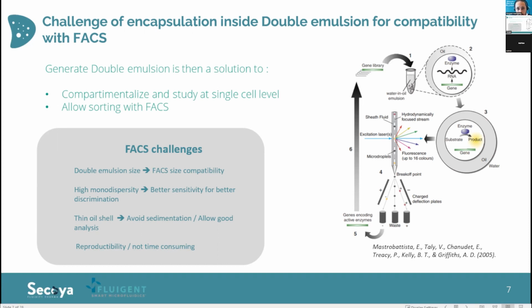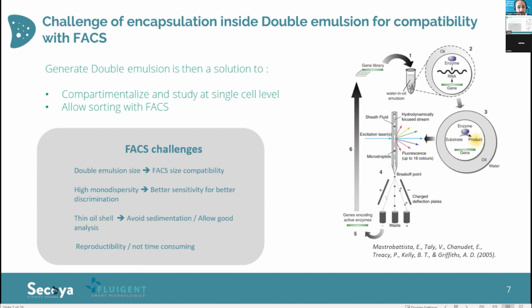And also, in the FACS you are passing through a nozzle. If the double emulsion is bigger than the FACS nozzle, you might destroy it and you will not have something stable, and you will not be able to get your result at the end of your single cell study, as you can see on the scheme.